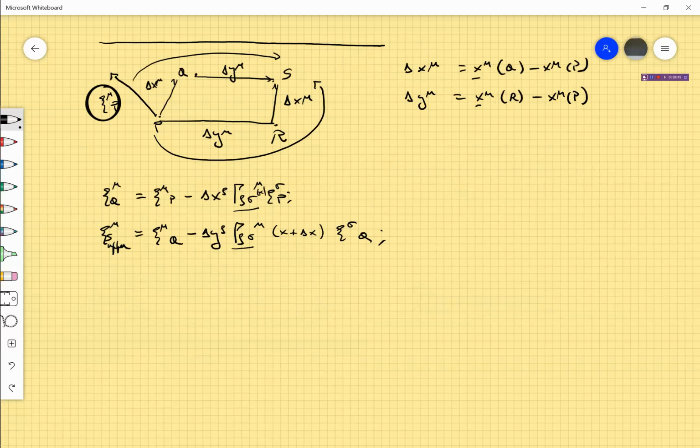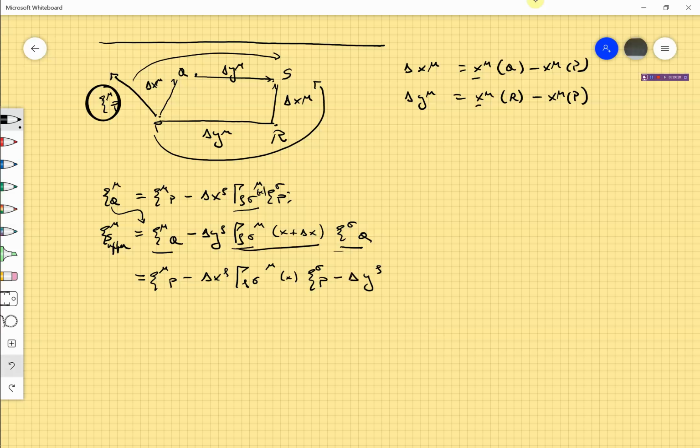Now the thing is that this psi mu Q that I have here has been computed before, so I can just substitute the result. And I will do it here. I get psi mu P minus delta x rho gamma rho sigma mu at x psi sigma P, and then I have this second term, minus delta y rho, and let me expand this in Taylor series.